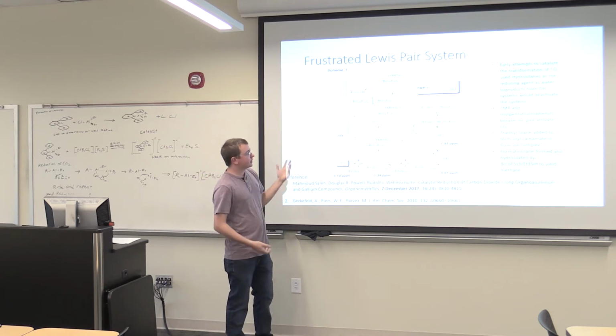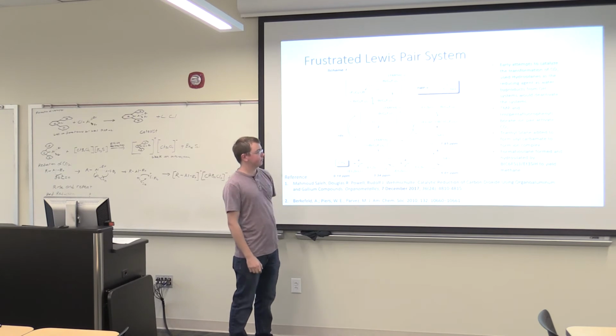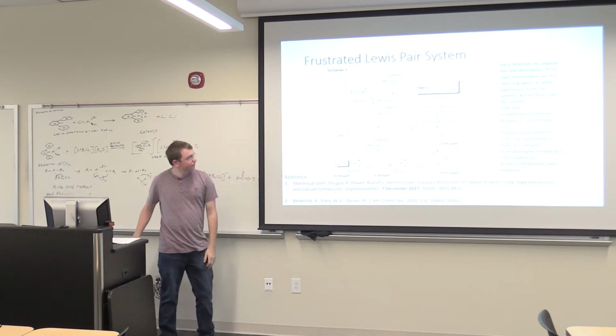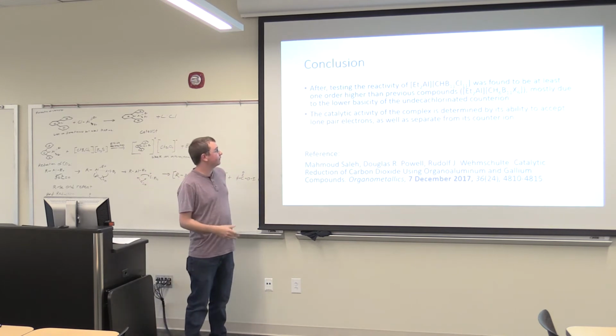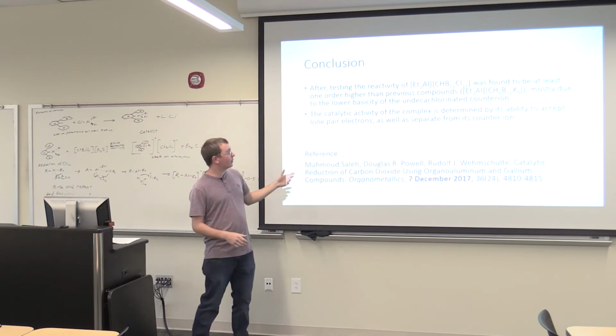Like I said, just a very similar process, just a different anion. After testing the reactivity, they found that the activity of this aluminum complex was at least one order higher than some previous compounds they had used.